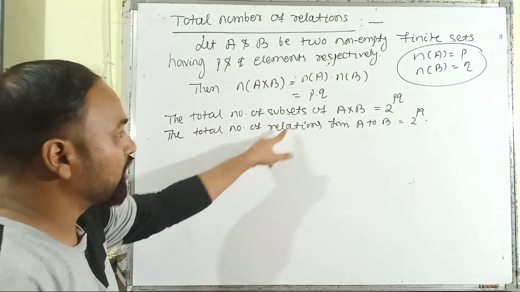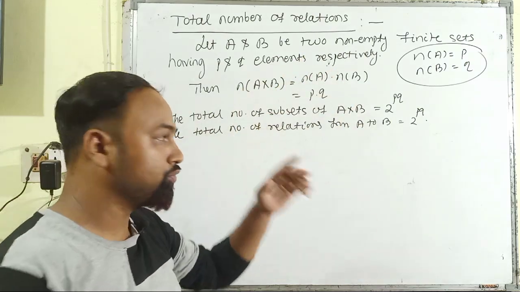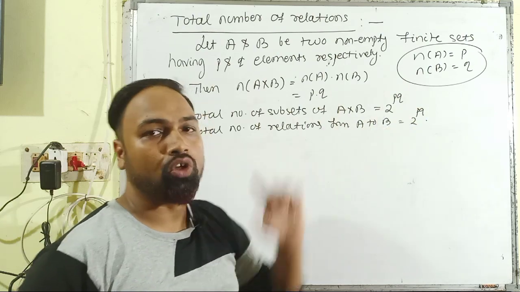Then the total number of relations from A to B is equal to the total number of subsets of A cross B, which is equal to 2 to the power PQ.